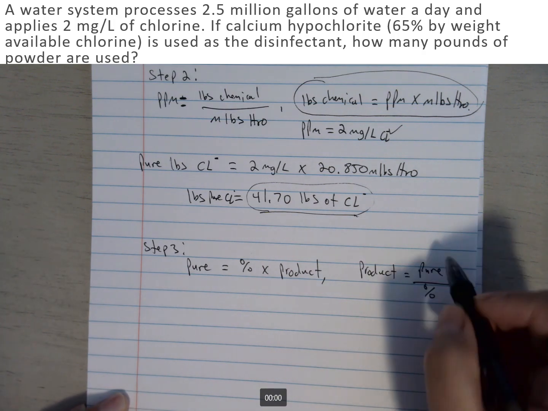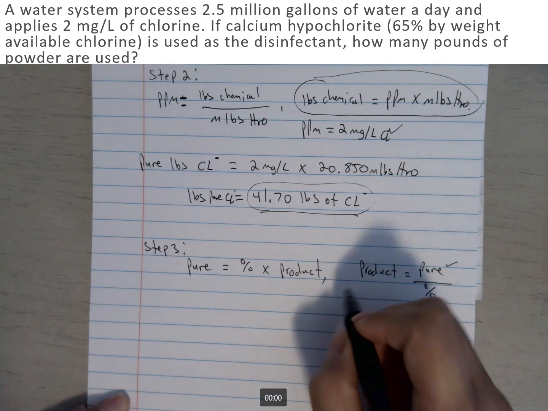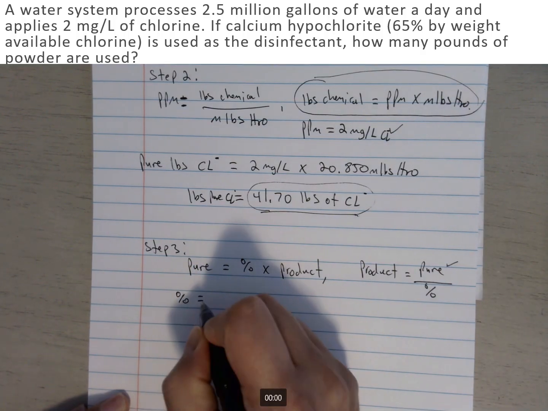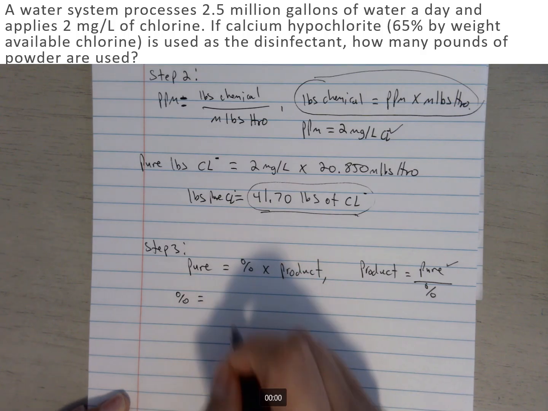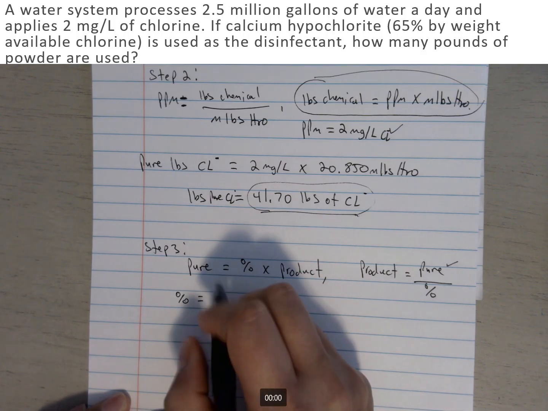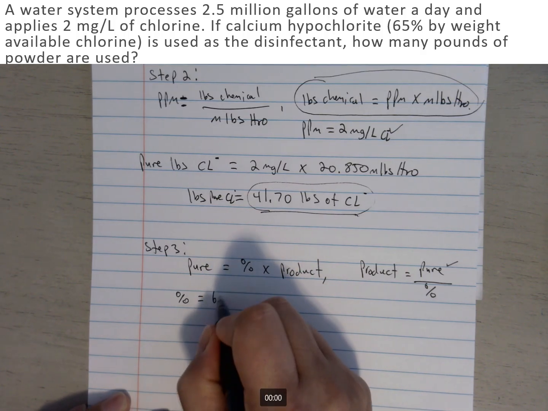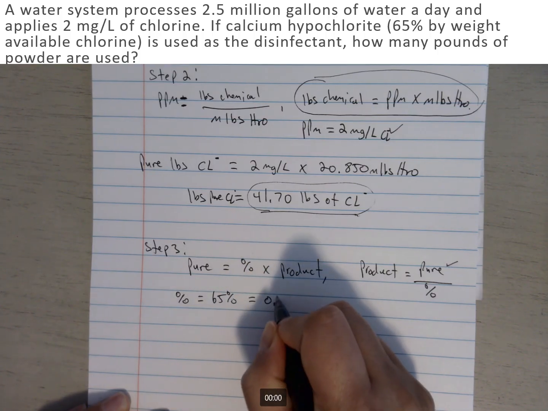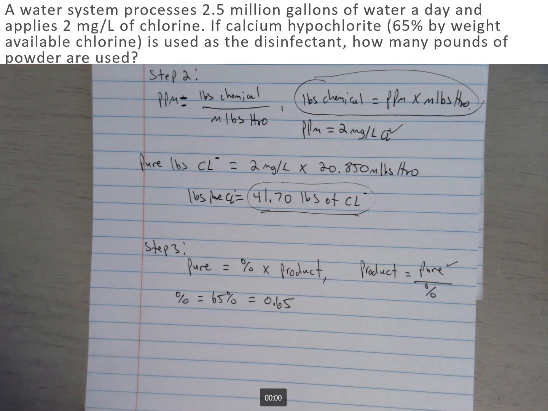We have the pure, and we have the percent given in the problem statement. The percent is 65% available chlorine by weight, which in decimal form is 0.65. So that percentage means 65% available by weight.